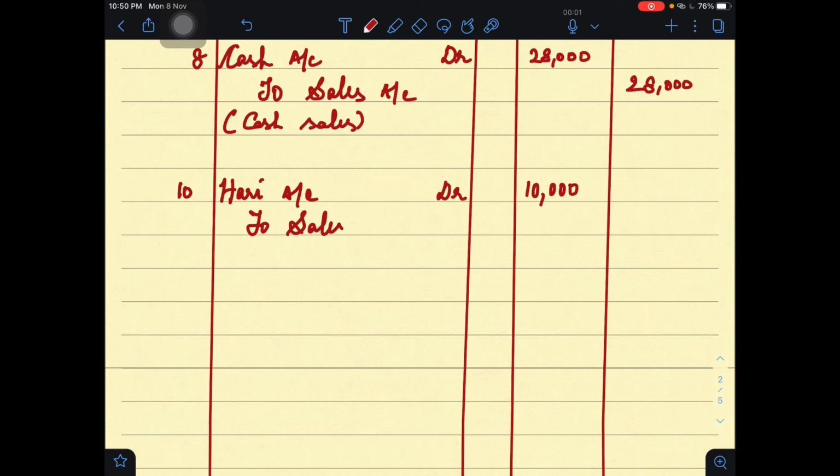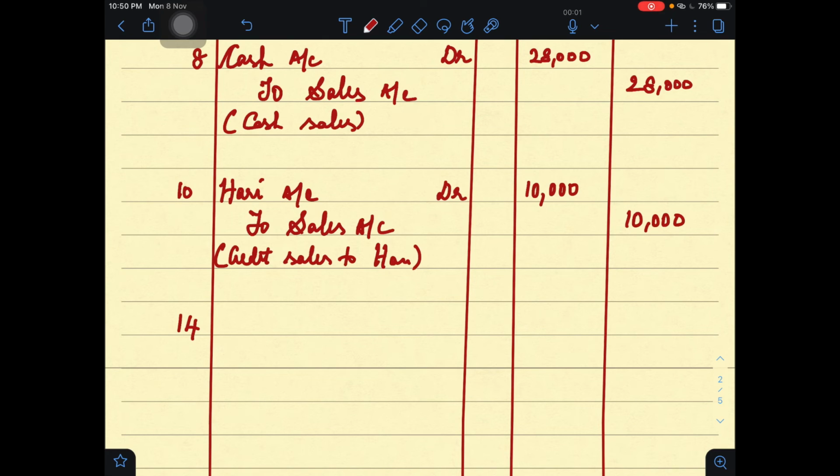Sales being nominal, credit all incomes and gains 10,000. This time we write credit sale to Hari. Clear?